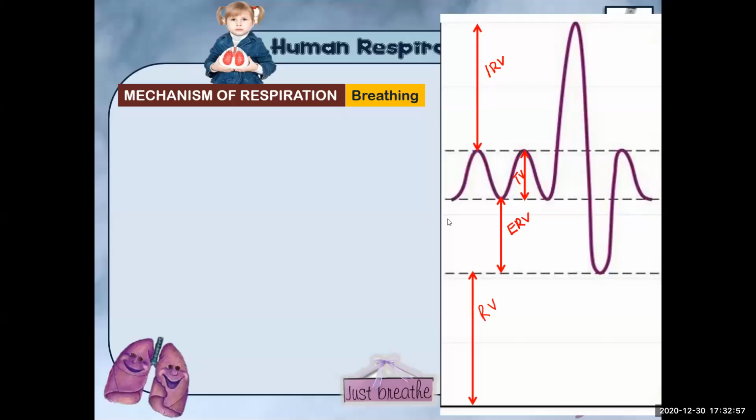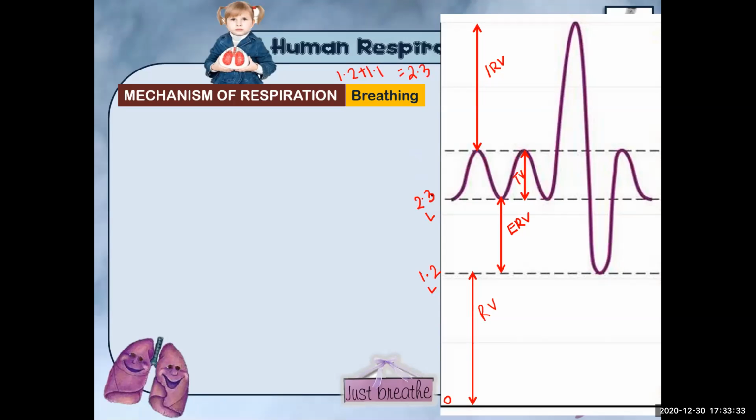ठीक है, तो अगर मैं ये पॉइंट को 0 लेता हूं तो ये वाला पॉइंट होगा 1.2 लीटर्स. अब ERV इज 1.1, सो 1.2 प्लस 1.1 कितना हो गया? 2.3. सो ये वाला लाइन वुड बी 2.3 लीटर्स. समझा? अब टाइडल वॉल्यूम इज व्हाट? टाइडल वॉल्यूम इज 0.5.